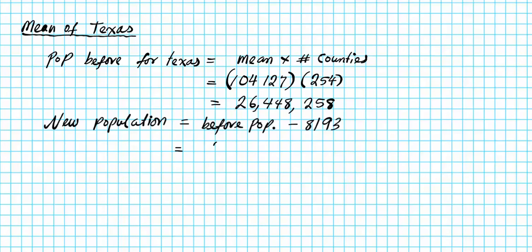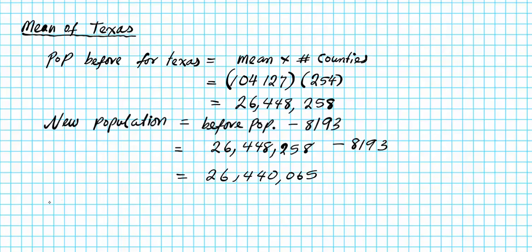Okay, so the before population is 26,448,258 minus 8,193. Okay, when you carry out the computation, you end up with 26,440,065. Okay, so this is the new population for Texas.